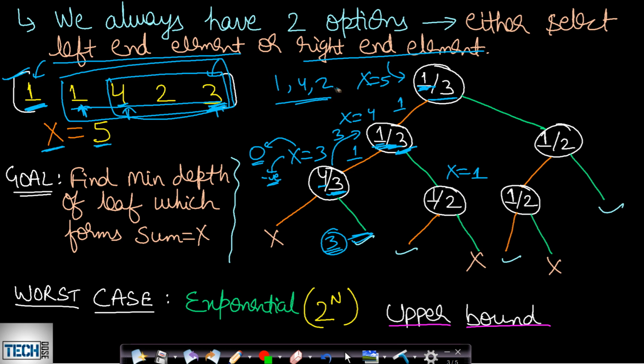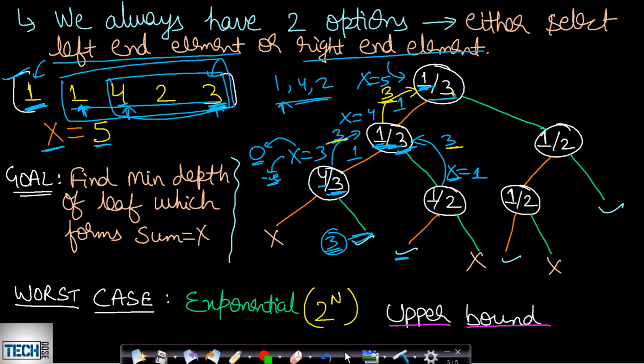Now from this 1, 4, 2, if you select this 1, then you can convert this x to 0. So it is possible. And the sequence length is again 3, which is 1, 3 and 1. Okay. So this will also return value 3. And we will take the minimum of either left or right. So minimum of 3, 3 will be 3. It will be returning 3.